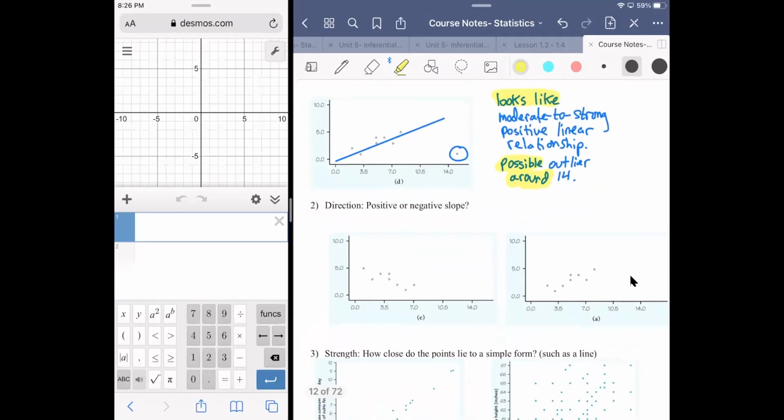So this is a positive linear relationship in this particular case, because it's going up. Right? So if I had to slap a line on this one and then slap a line on that one, this one would be going down, so this would be a negative relationship. This one's going up, so it'd be positive.